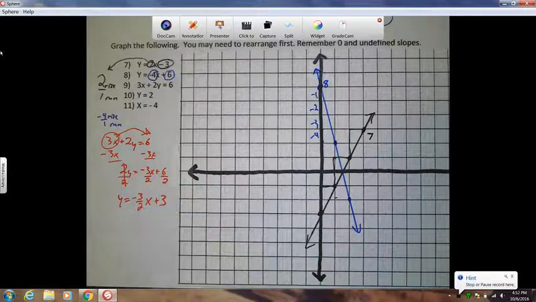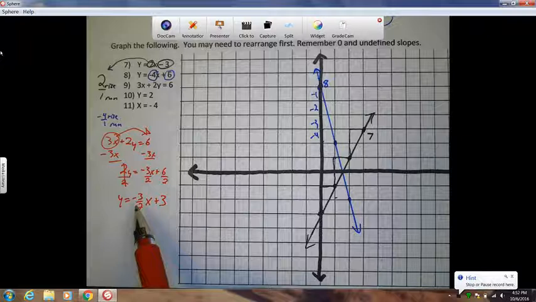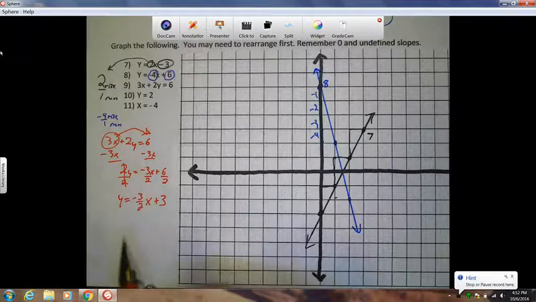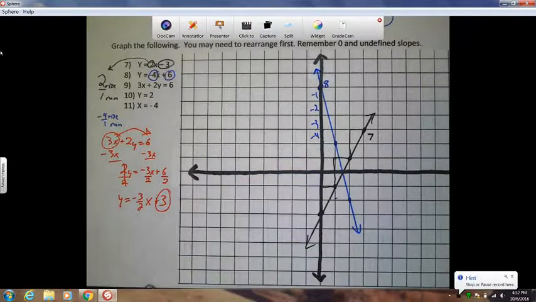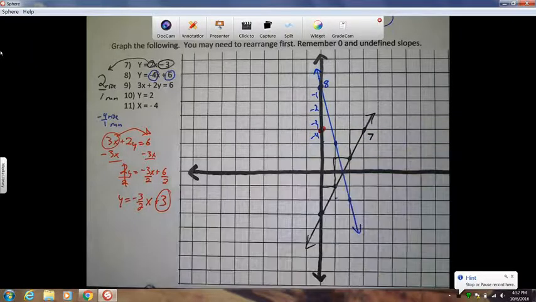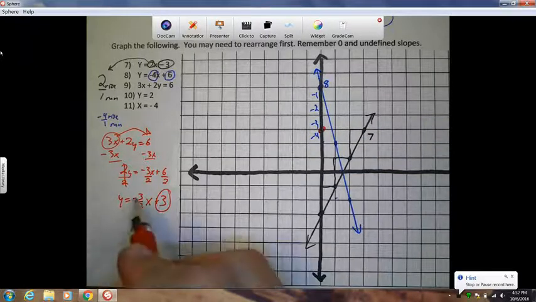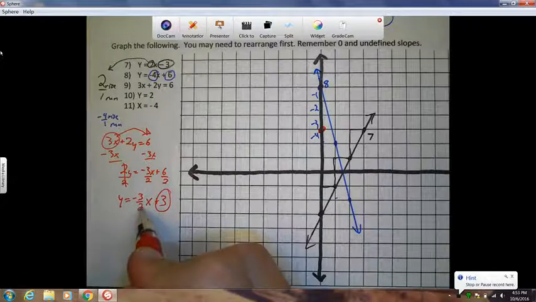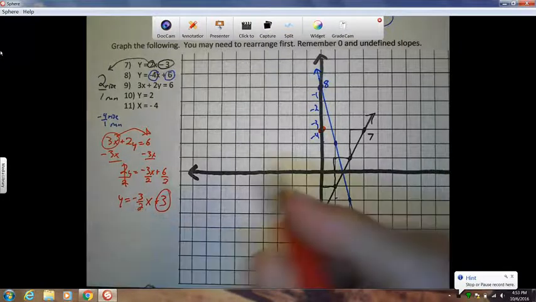Okay, so now I have my formula. When you're dealing with the slope, it's usually a good idea to leave it as a fraction. Okay, so if it's an improper fraction, that's fine. That will be easy to work with. So first, y-intercept, plus 3. Right there. Slope, it's already a fraction, so it's negative 3, so down 3, positive 2 to the right 2. 1, 2, 3, 1, 2.